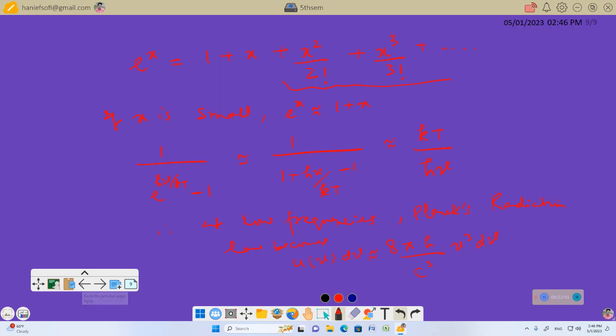And this 1 by e raised to h nu by kT minus 1, we have proved, becomes just kT by h nu. So I write it as 8 pi h by c cubed, nu cubed, kT by h nu, d nu. kT by h nu is for this whole thing, 1 by e raised to h nu by kT minus 1.